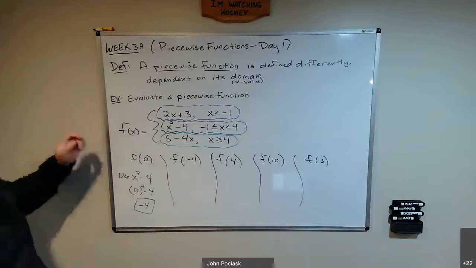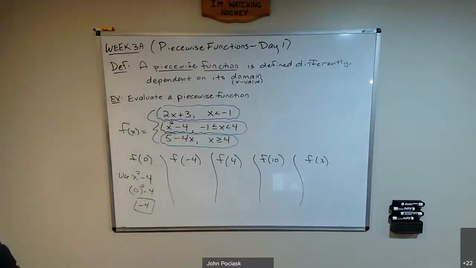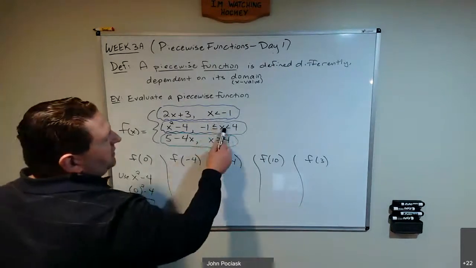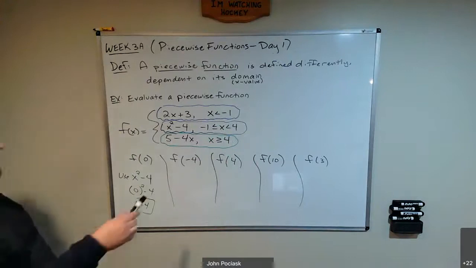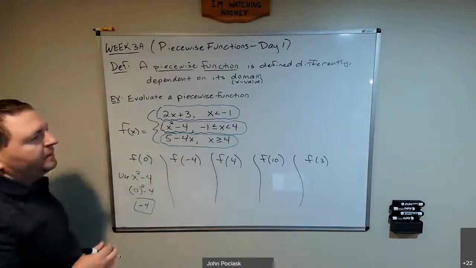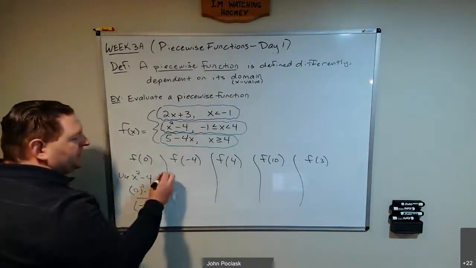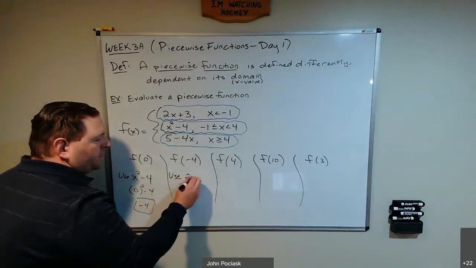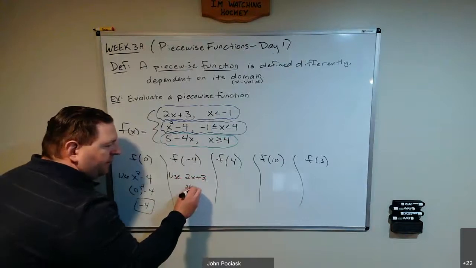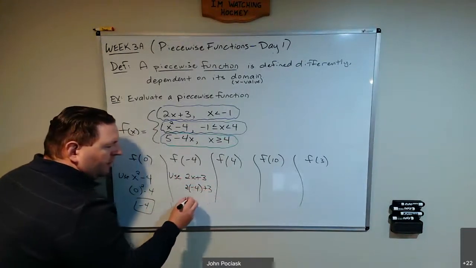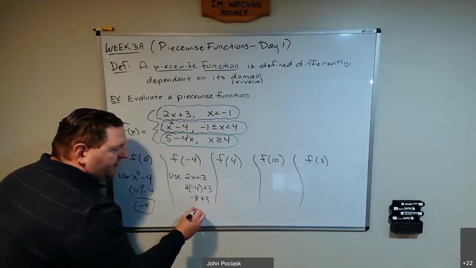And then you move on to the next one. The number -4, where does that fit? Which one of these 3? It should be the top one, right? -4 is less than -1. So you're going to use 2x plus 3, and substitute the number into that. And that comes out to be -5.